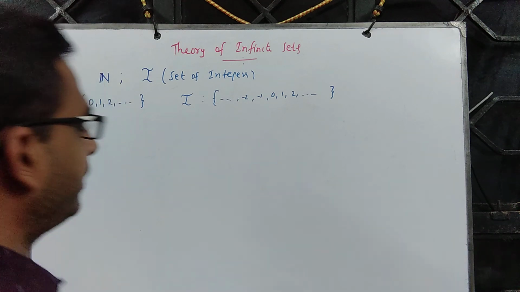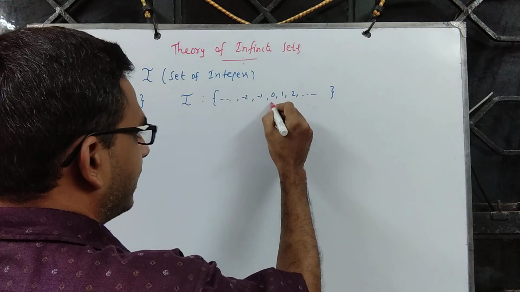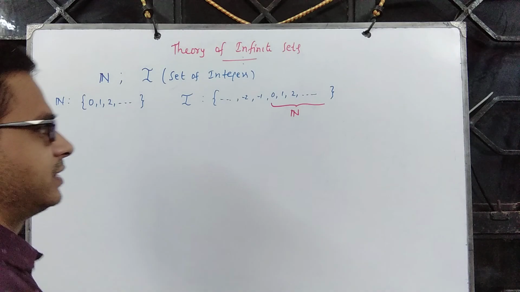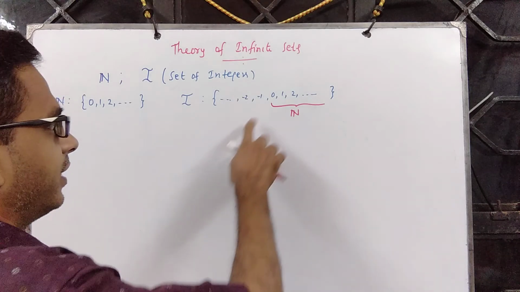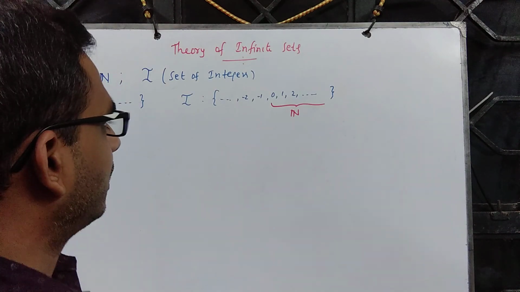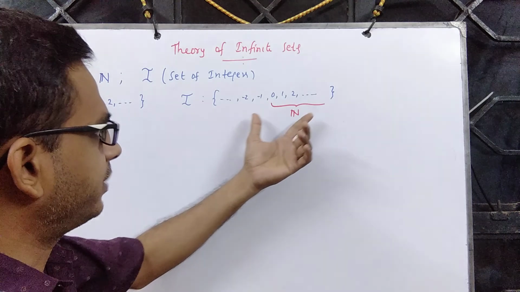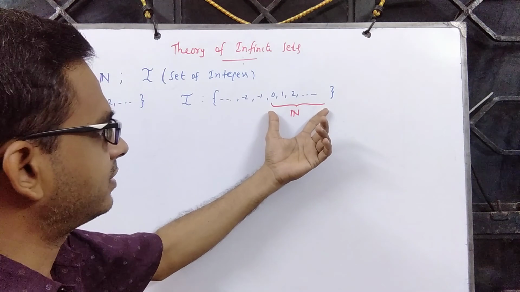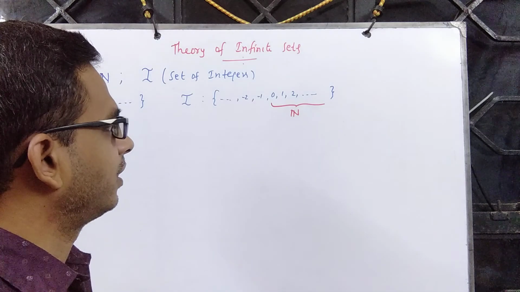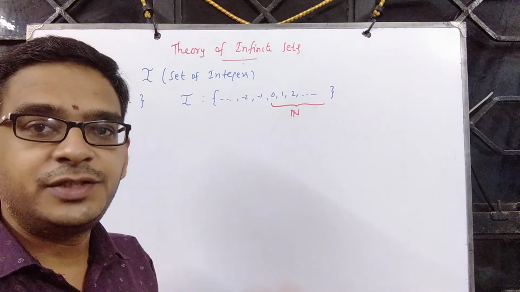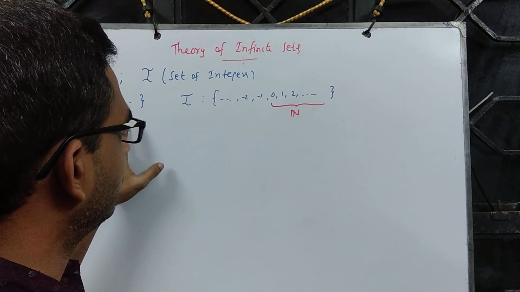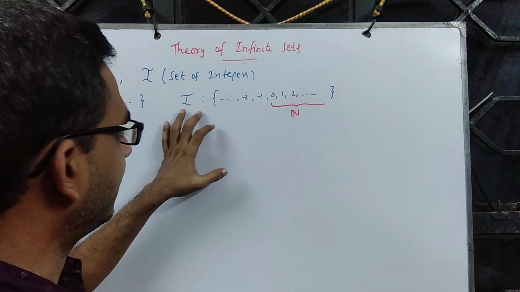Now, intuitively, it looks like N is a strict subset of this. It's only an intuition. N is a strict subset of this. Now, logic also tells you that yes, N is a strict subset because there are other elements over here. Now, with this you may conclude that the cardinality of N is strictly less than the cardinality of I.